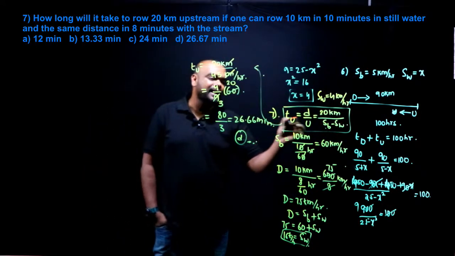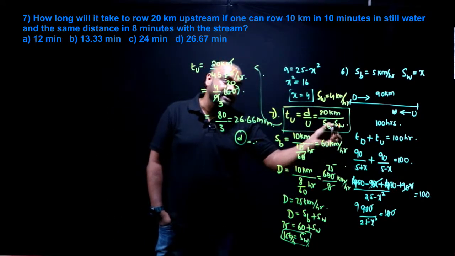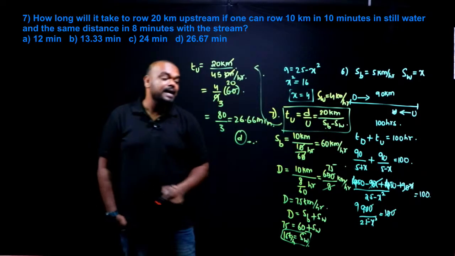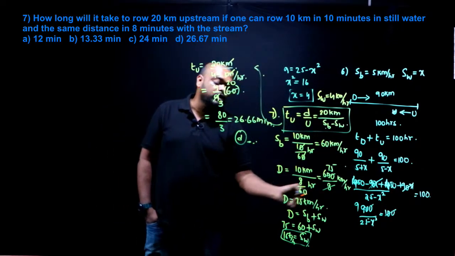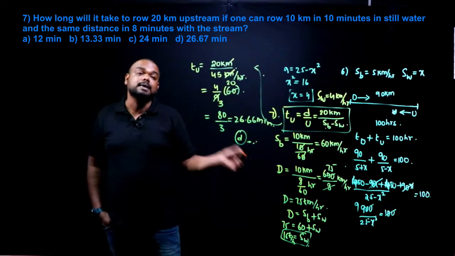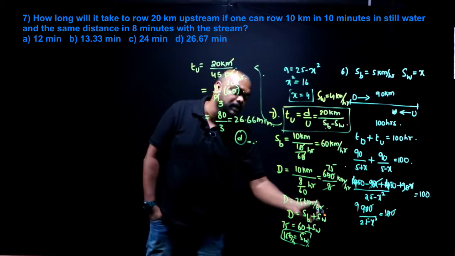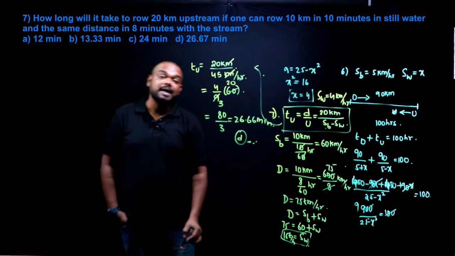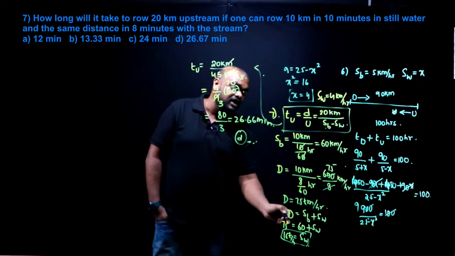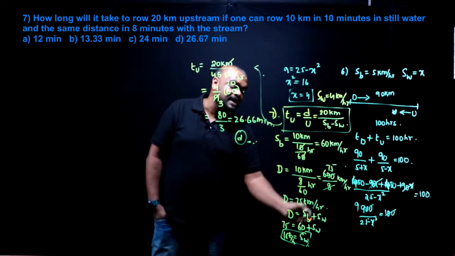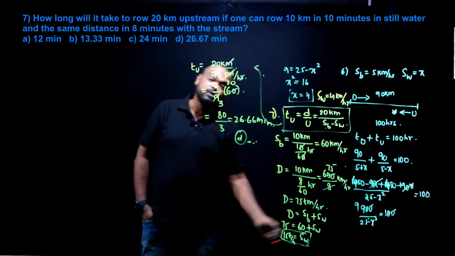Now to calculate this, I have my SB value, but I still don't have SW value. I have SB value, I have downstream speed value. It means obviously I can calculate SW. We know downstream speed is SB plus SW, one of the primary identities. Downstream value 75 is equal to SB value 60 plus SW. We'll get SW as 15 kilometer per hour.